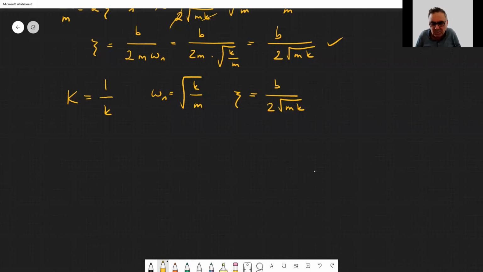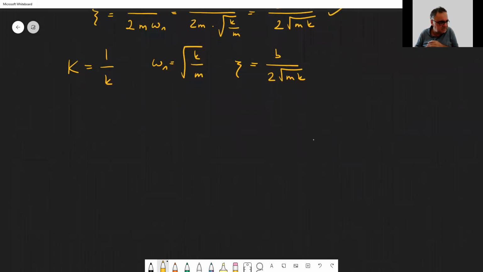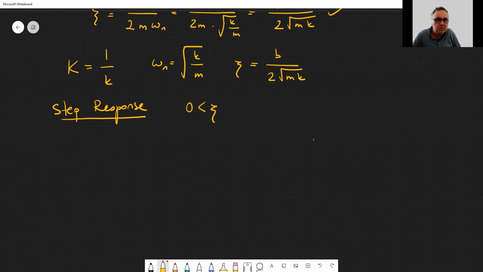I will go over this in the next lecture, but let's say that we look at the step response of a second order system. And we will look at the case where the damping ratio is between 0 and 1, which is the underdamped case.